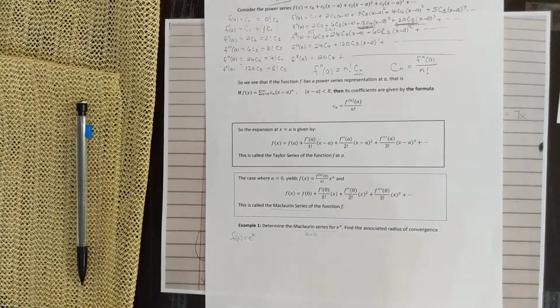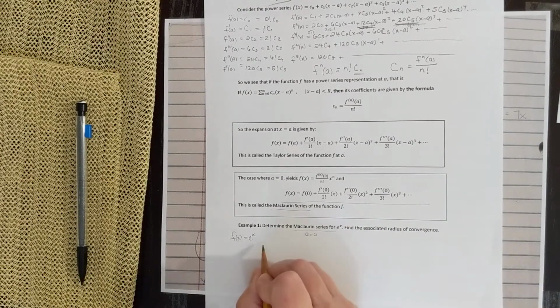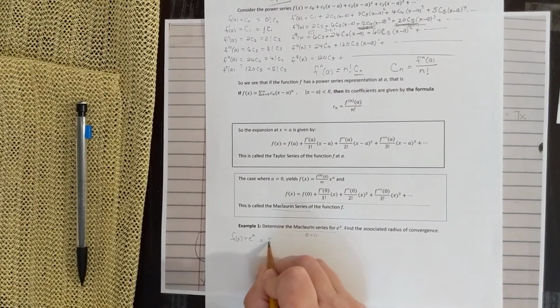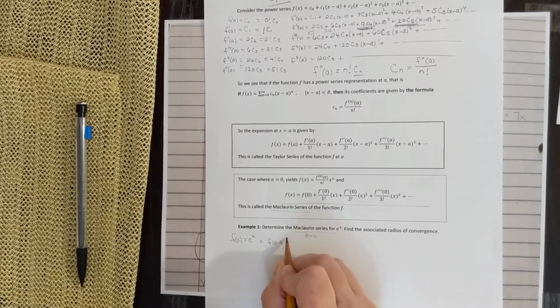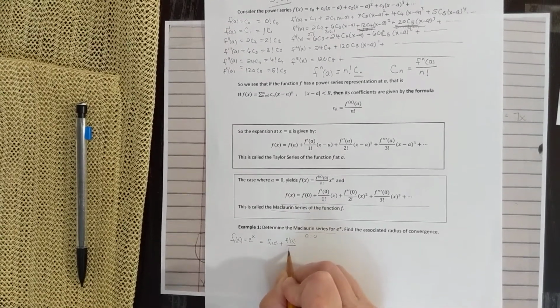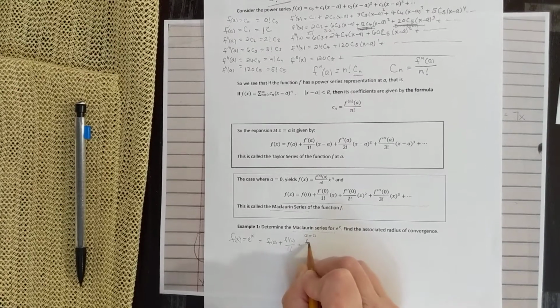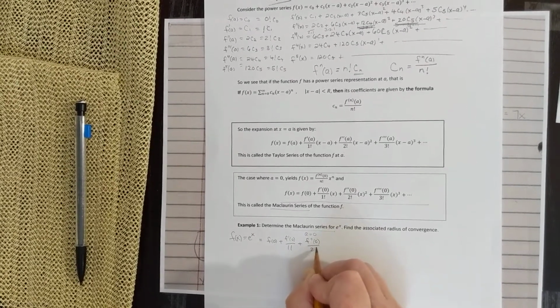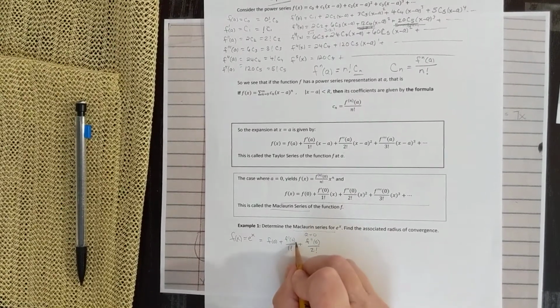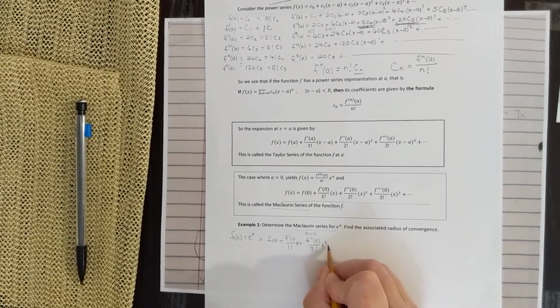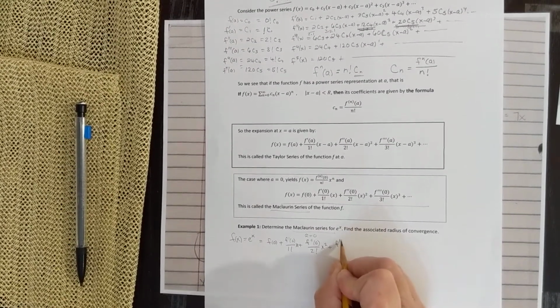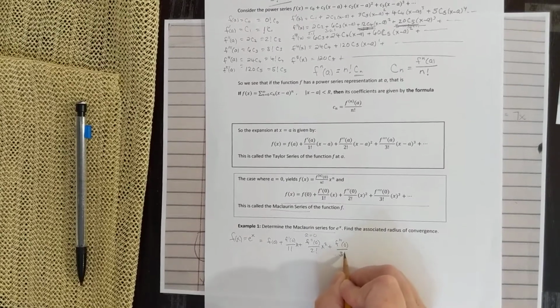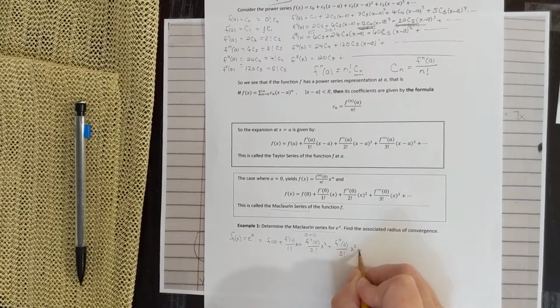So the representation is given by this function right here. So e to the x is going to equal f of 0 plus f prime of 0 over 1 factorial plus f double prime of 0 over 2 factorial times x squared plus f triple prime of 0 over 3 factorial x to the third, and so on.